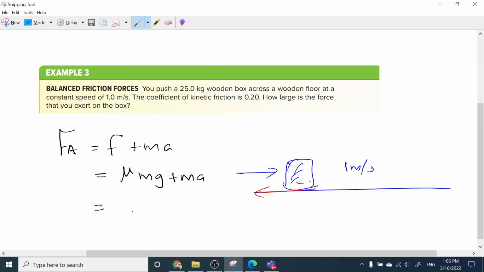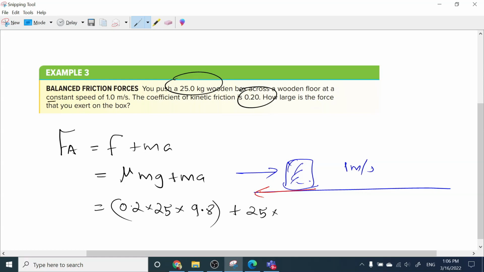So what is the value of mu? The value of mu is 0.2, given in the question. Coefficient of friction is 0.2, multiplied by m, the mass of the box, which is 25 kilogram, and you know the value of g on the surface of the earth is always 9.8, plus mass 25 multiplied by acceleration.